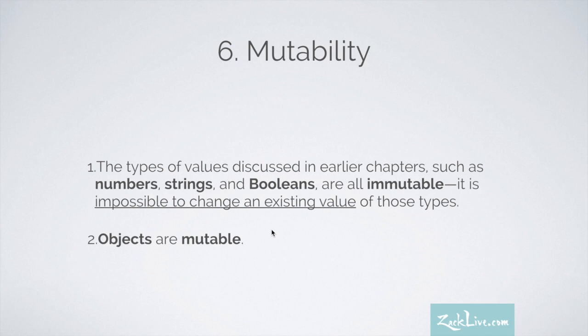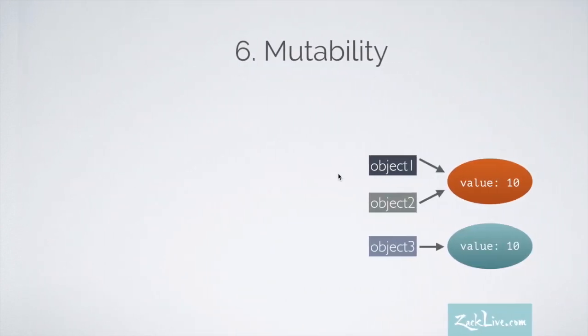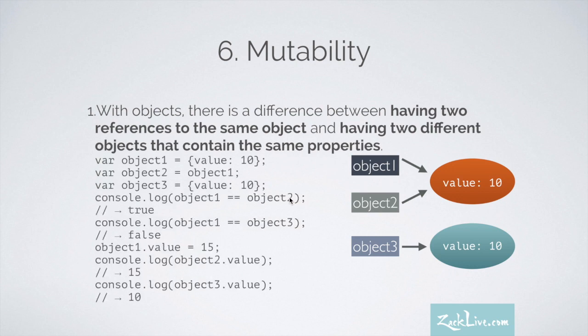But objects are mutable. What does that mean? With objects, there is a difference between having two references to the same object and having two objects that contain the same properties.